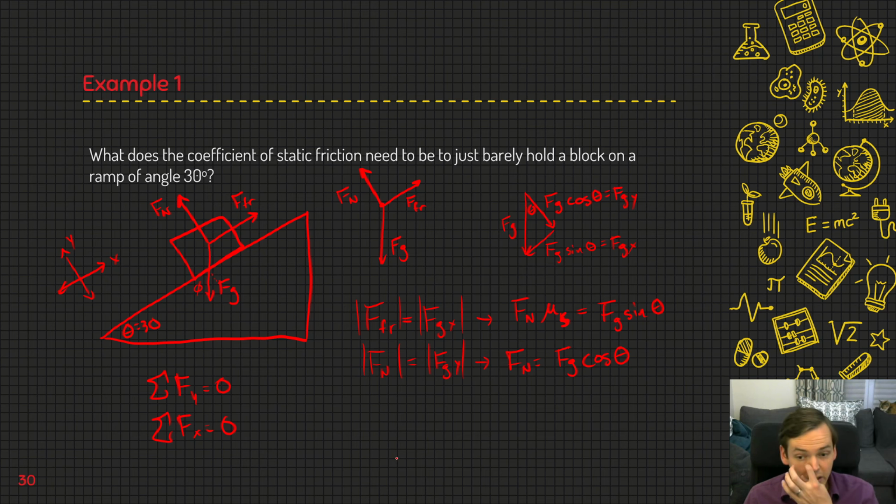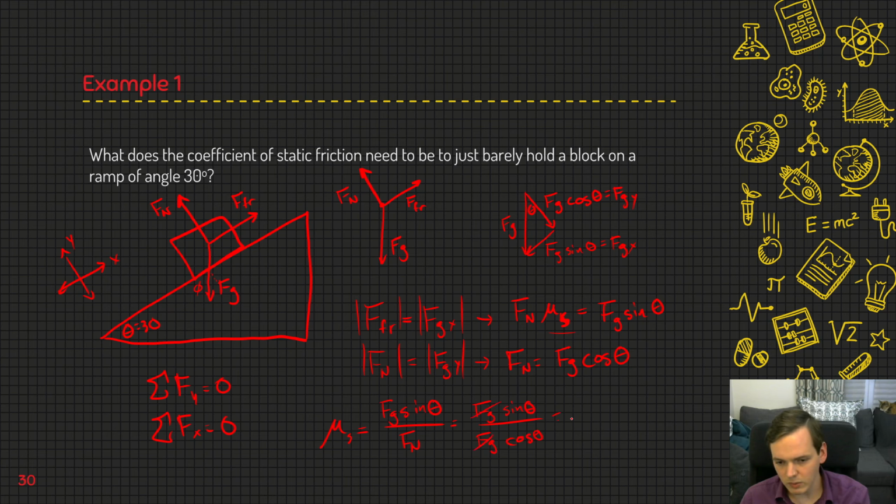So now we can do some plugging in. And what you'll notice here is there's a huge benefit to not plugging in values, because a bunch of stuff is going to cancel. We want to solve for mu static, so that's going to equal Fg sine theta divided by Fn. We know Fn is Fg cosine theta, so we get Fg sine theta divided by Fg cosine theta.